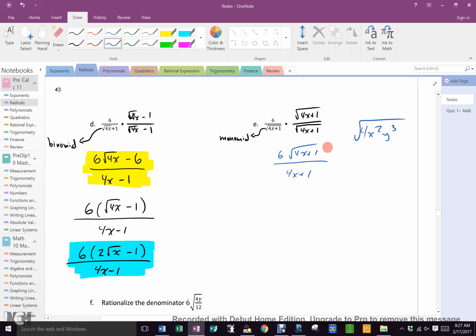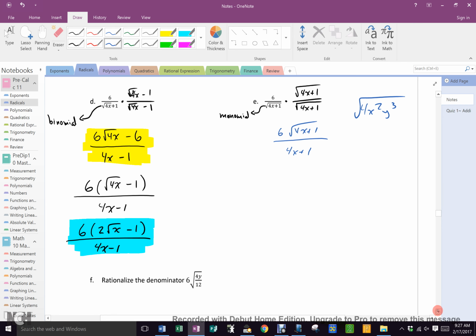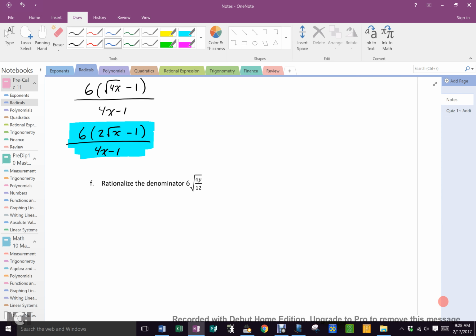Yeah? All right. Now, look at F, because F is the last tricky thing. What is this really? What is the 6? The 6 is a coefficient. So what is 6 doing to the next thing you see?